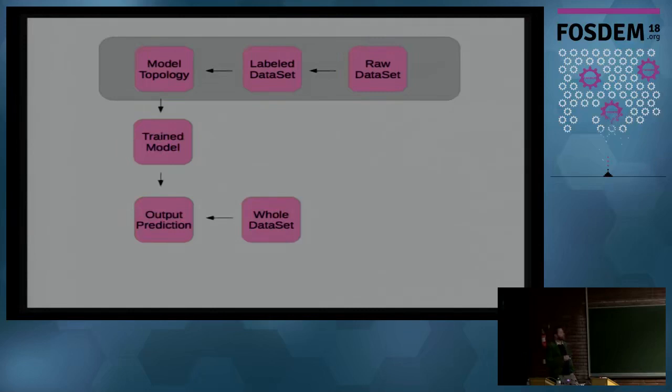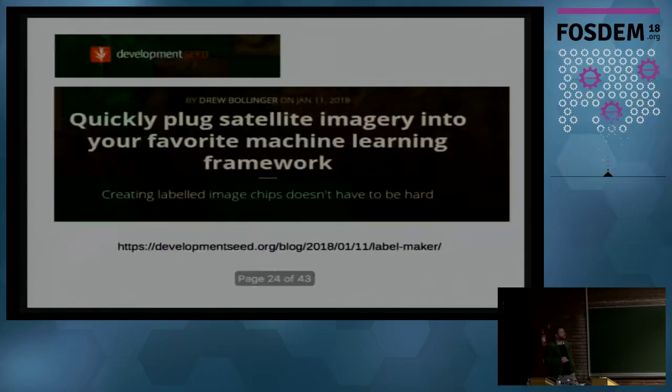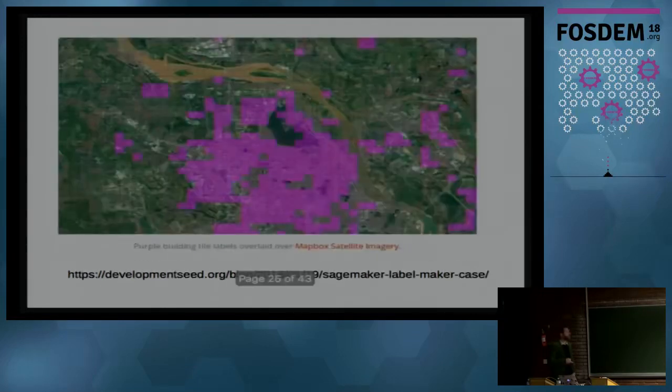If we focus on the first step, what we need at this point is the ability to label your data set easily. There is one tool which was released just a few weeks ago, with the ability to create automatic labels from imagery and to use OSM labels on it.